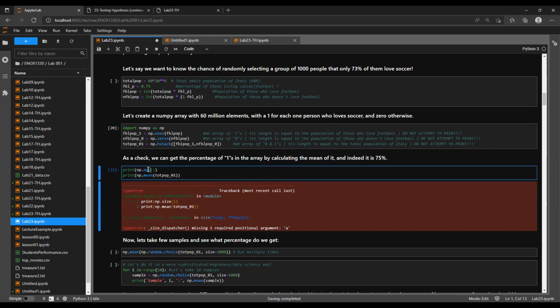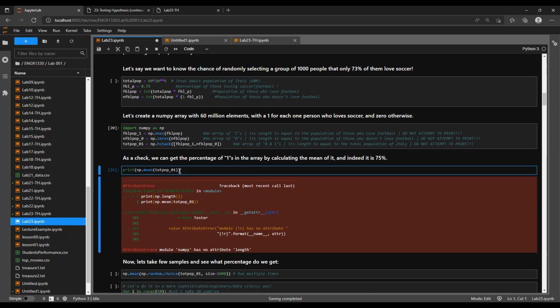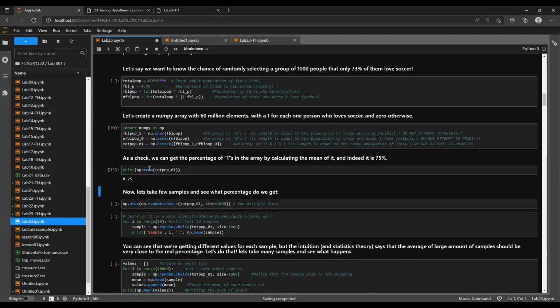Maybe this. No, it doesn't have a describe. Oh, well. I'll try one more thing. Nope. Size takes an argument. I don't remember what it is. I could look it up, but I don't want to take the 60 seconds that it would require. But I can get the mean.